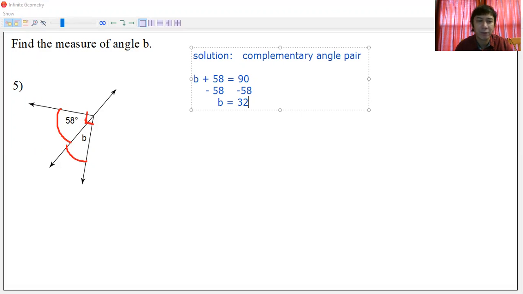We are done with the computation, a very simple computation. We can verify the answer below the diagram. You can see it over here. It's 32 degrees. So let's continue with the next number. We have discussed several supplementary angle pairs and complementary angle pairs. Let's continue with the next number.